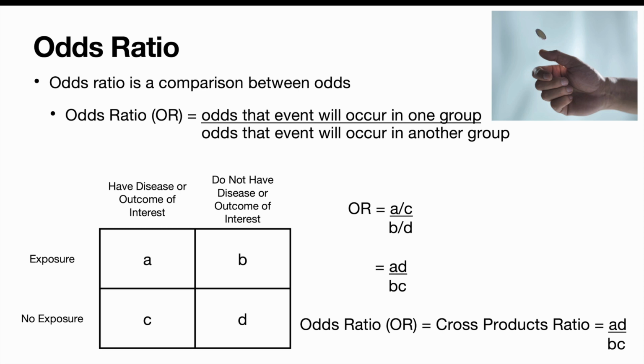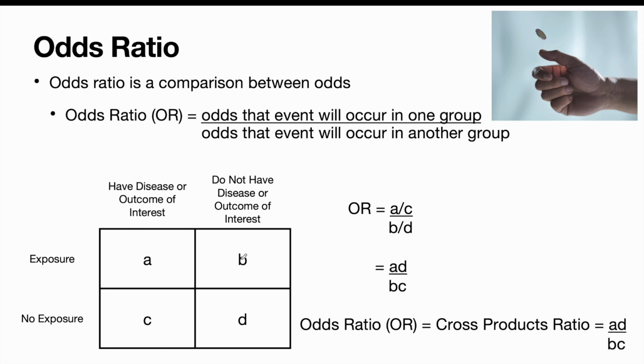So if we have our 2x2 contingency table and we have our disease or outcome of interest and our exposure status, we would plug in the numbers here of persons who have the disease or outcome of interest and also have had exposure to whatever beneficial or harmful thing that they're being exposed to. The number that have both been exposed and have the disease or outcome of interest goes right here in A.